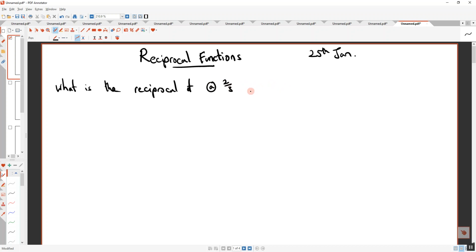Right. How did you get that? Well, what about if you can't flip it over? I divided it by 1. Okay, you did 1 divided by it. So 1 divided by 2 over 3 is the same as 3 over 2. So this is the reciprocal of this.